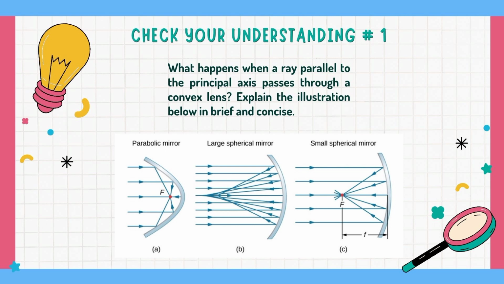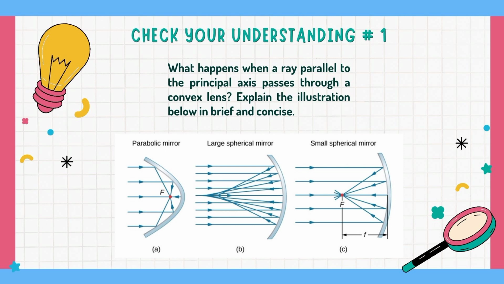In letter A, in the parabolic mirror, parallel rays cross at a single point called the focal point. Because when the parallel light rays enter this lens, they converge at a focal point, making the image of the source.